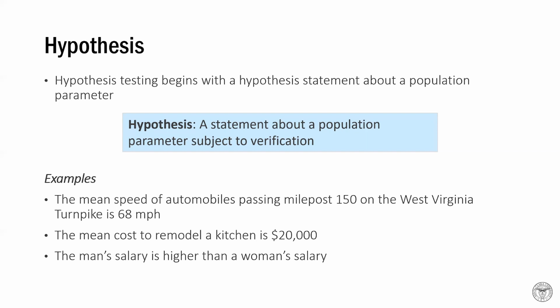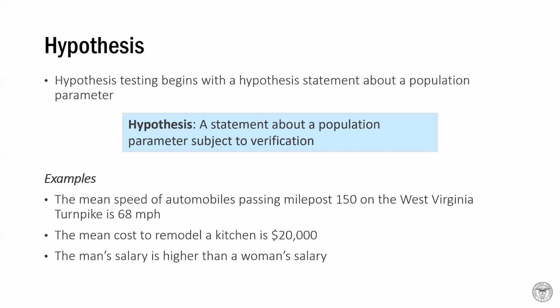For example, the man's salary is higher than a woman's salary. The mean of female student GPAs is higher than the average of the male students. The mean speed of automobiles passing a certain highway point is 68 miles per hour.